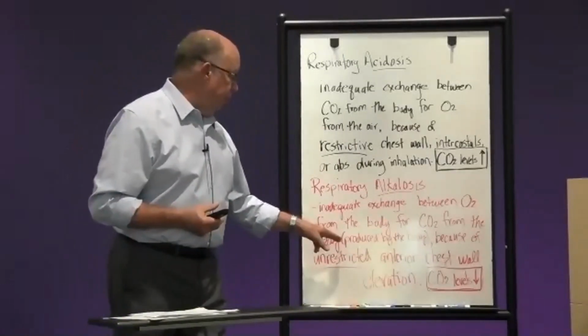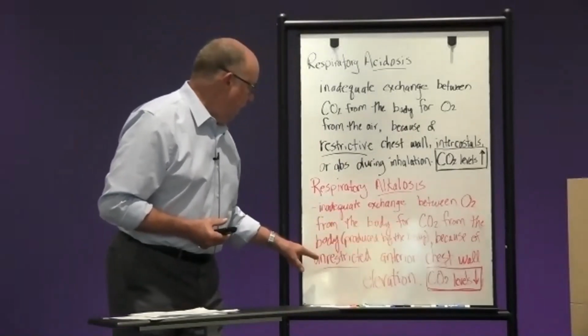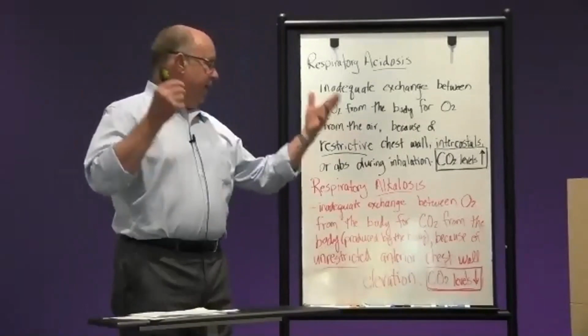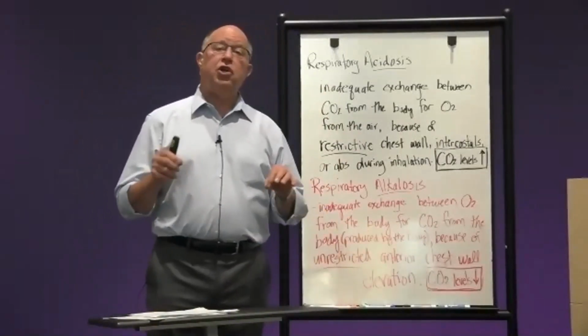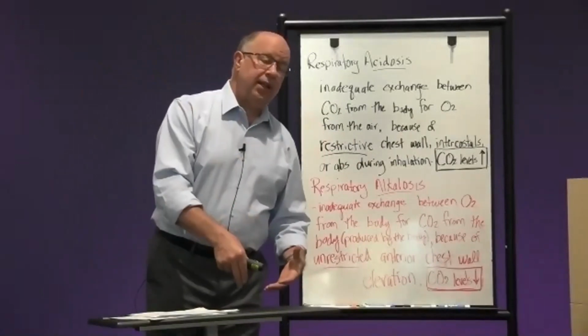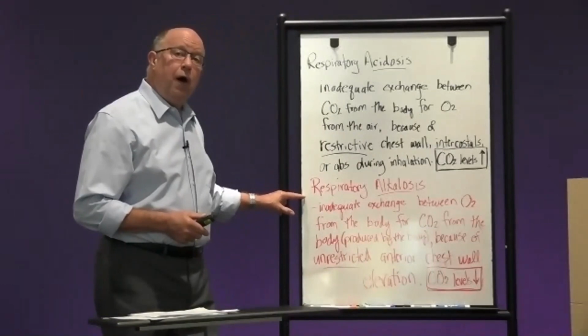At that point, our body is producing a lot of carbon dioxide, but because of the unrestricted anterior chest wall that elevates, our carbon dioxide levels start to go down, and our oxygen levels with respect to the carbon dioxide levels start to go up. We see this more occurring on the left side.